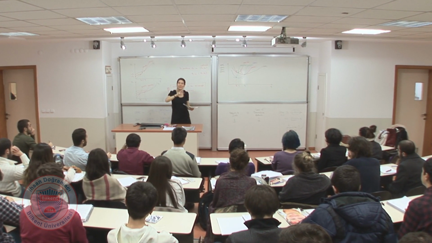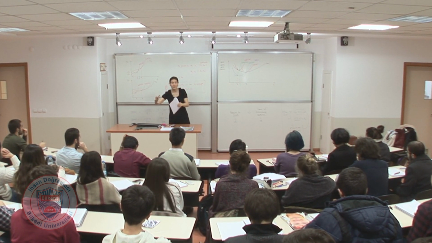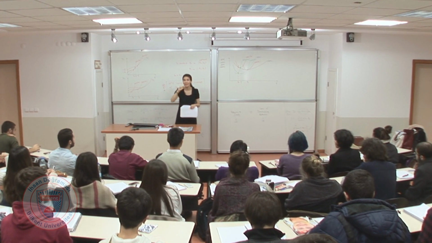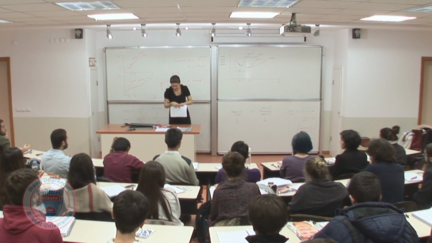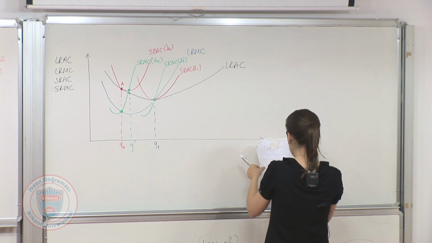So all these production functions and cost curves are very important, and you should know where these things happen, okay? So let me write this down again so that you have nice notes.